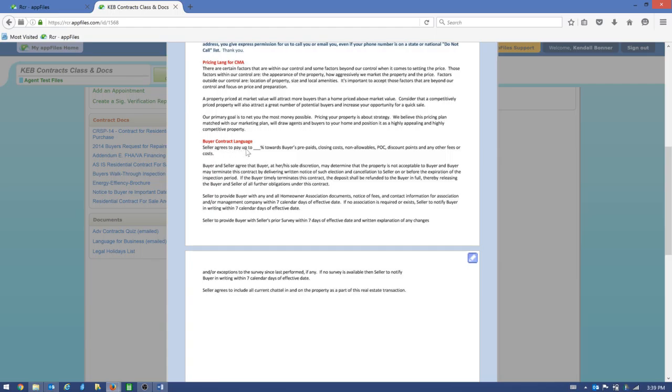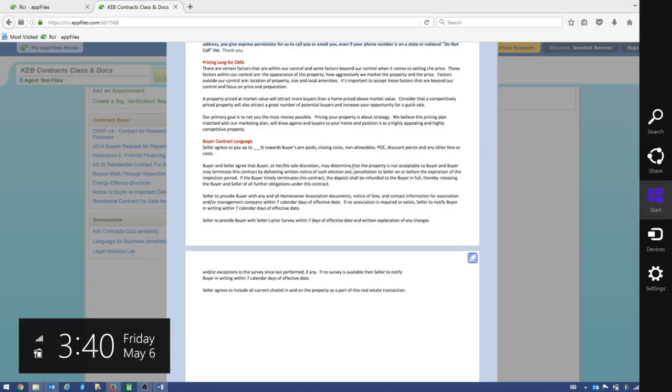So seller agrees to pay up to, fill in the blank, 3%, 4%, 5% towards buyer's prepaids, closing costs, non-allowables, POC paid outside of closing, discount points, and any other fees or costs. So what does that mean? Your buyer might be able to get back their home inspection. You might be able to get repaid or get money towards your discount points.